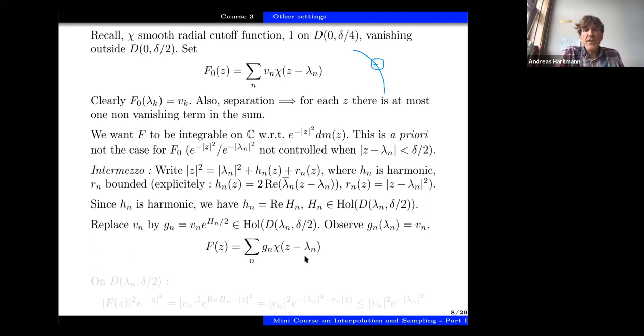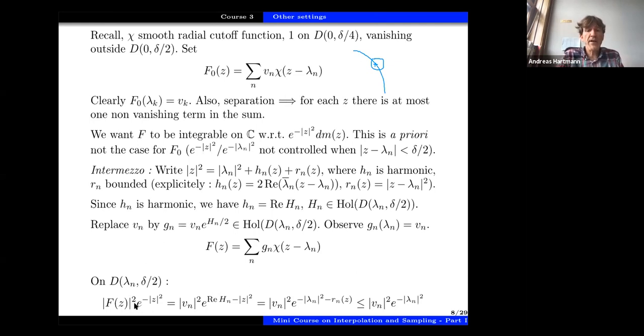So the introduction of this additional factor e to the Hn over 2, will this save our situation? And yes, it will. Now, if I'm in a neighborhood of the disk, so again, since chi vanishes outside these disks, it's enough to consider what happens inside the disk. So here I compute the function I have to integrate.